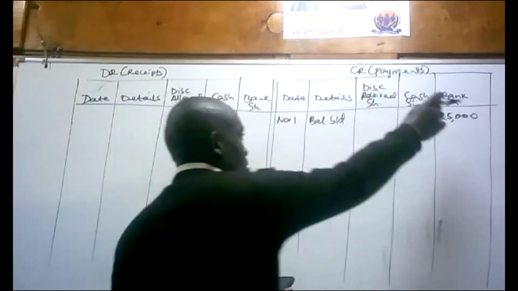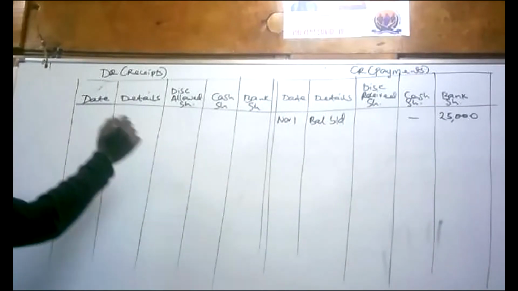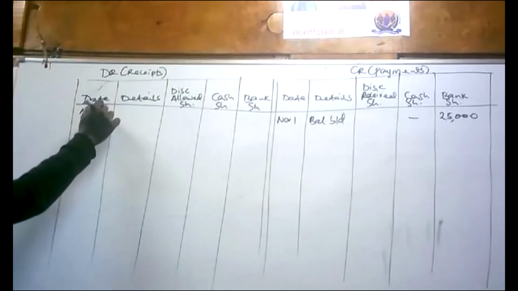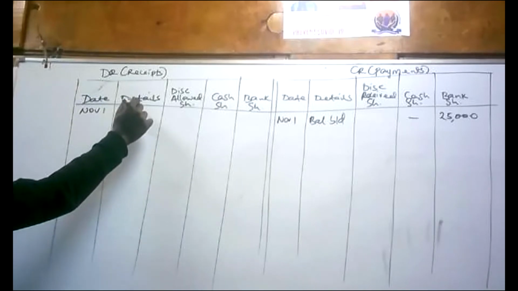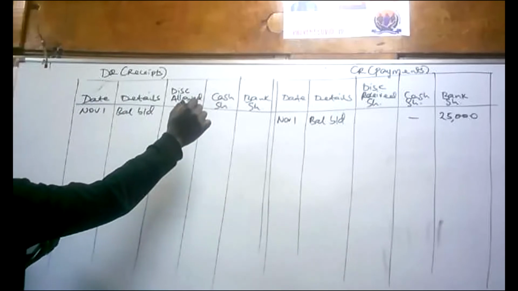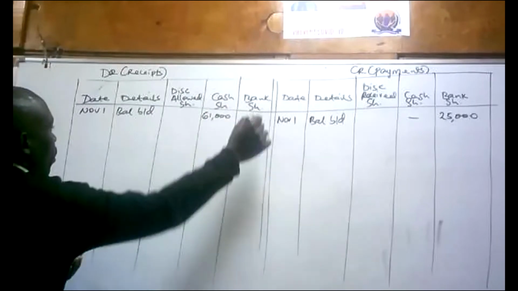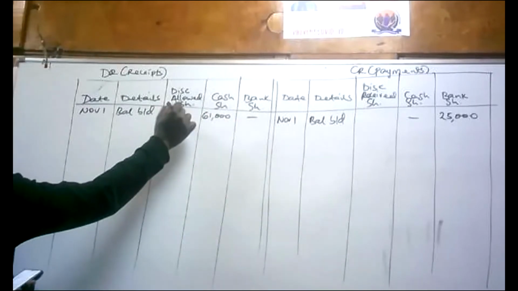Record 25,000 under the bank. So the cash is going to come to this side. November 1, balance brought down. Cash, it was 61,000 debit.